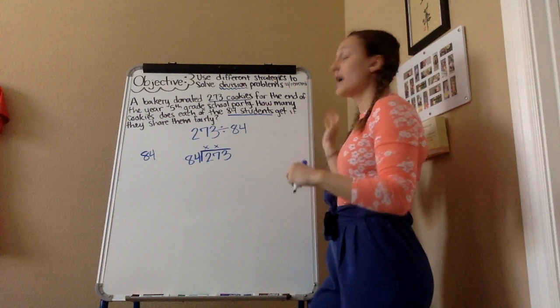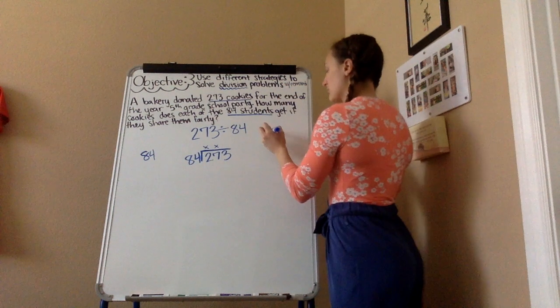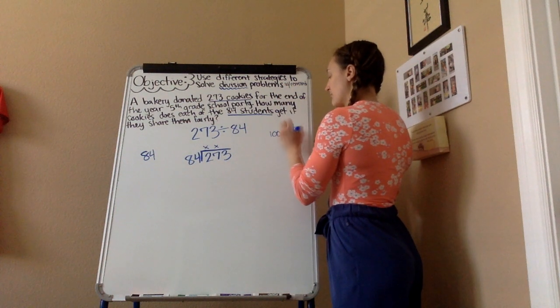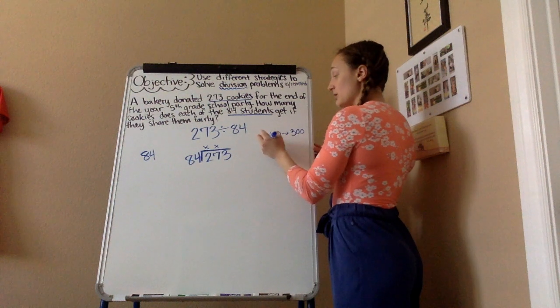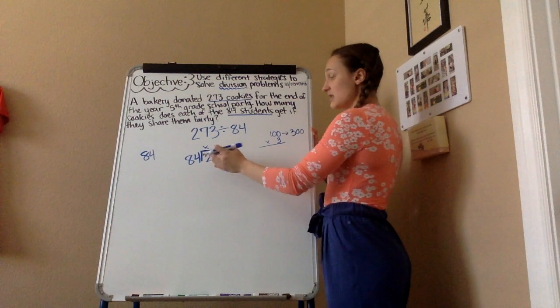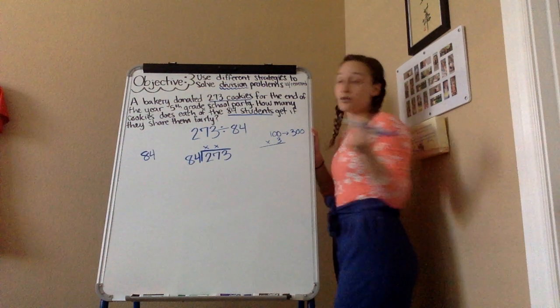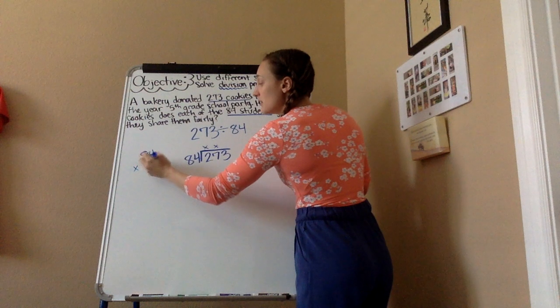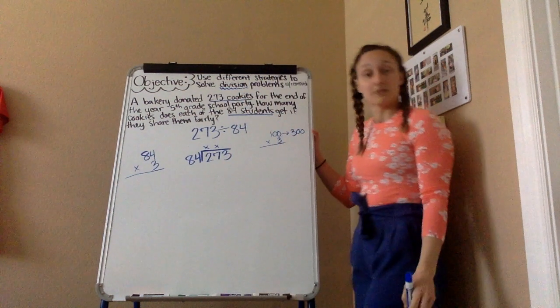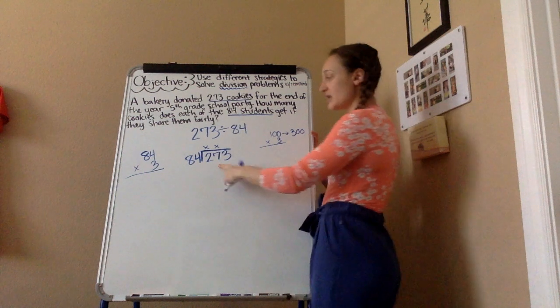So if I were trying to get from 100 to 300, I would multiply by 3. Since these are both less than the numbers I rounded to, I'm just going to try 84 times 3 and see if it'll get me close to 273.